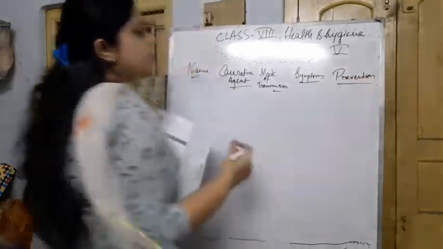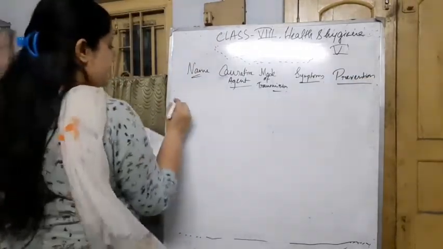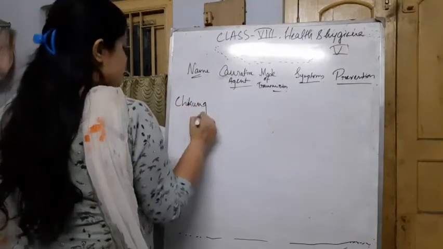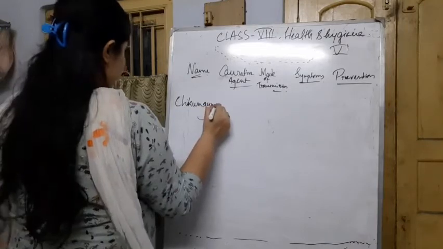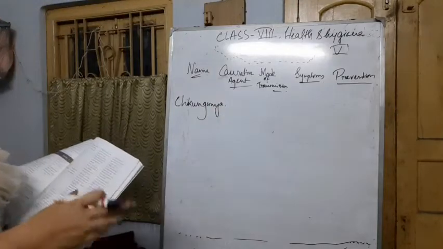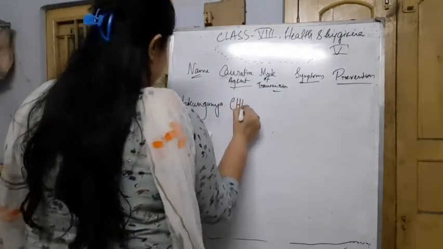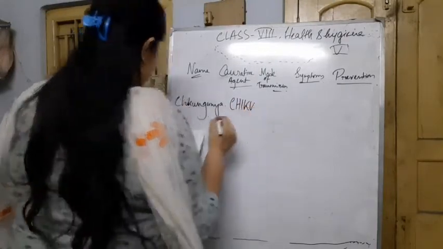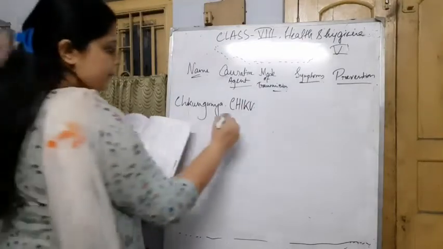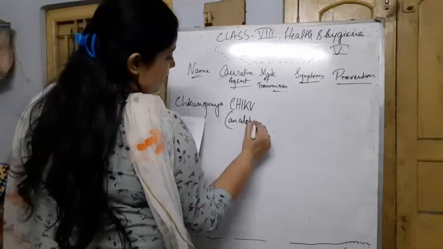So as I told you, today I will start with chikungunya. The name of the disease is chikungunya. The causative agent is the chikungunya virus, which is actually an alpha virus.